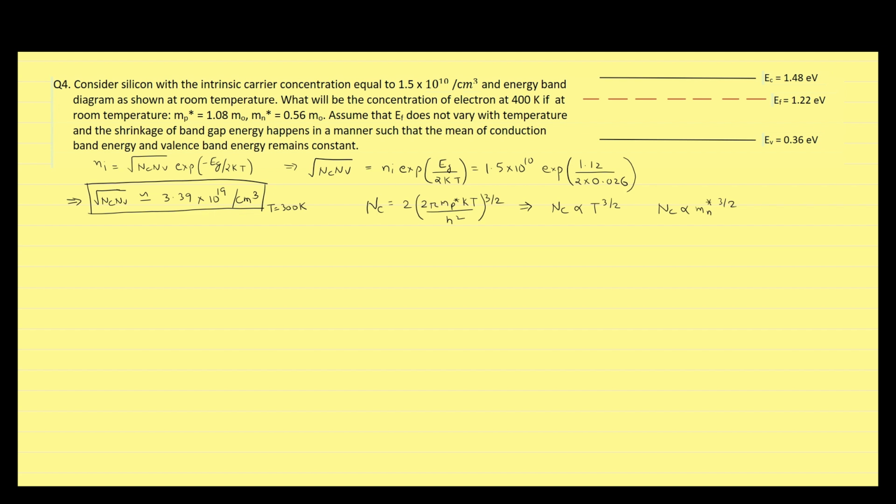But there is no such statement in which it is said that effective mass is varying with temperature. So we will assume that effective mass of hole and electron is not varying with temperature. Similarly, you can also write for Nv.